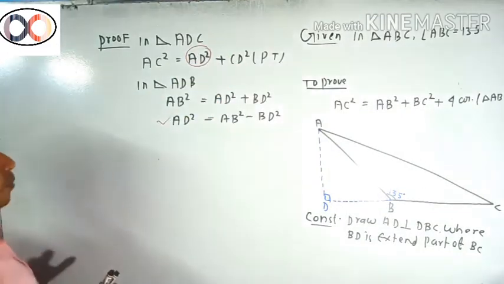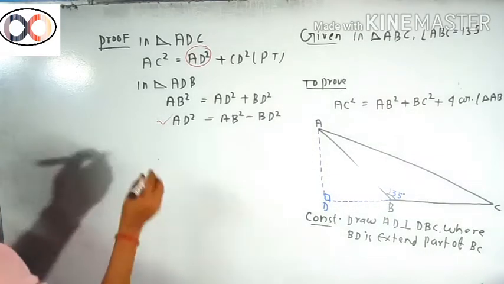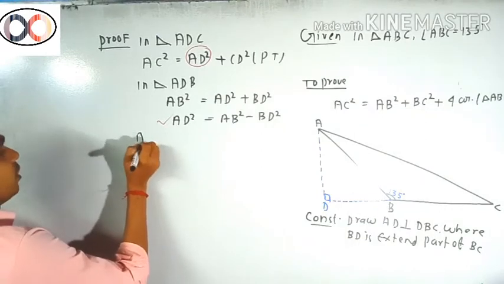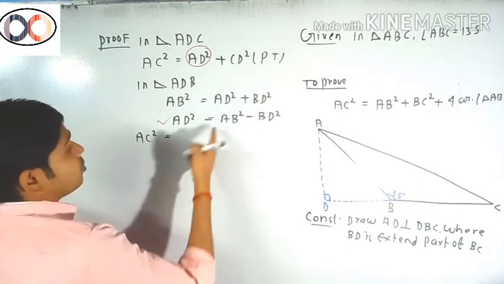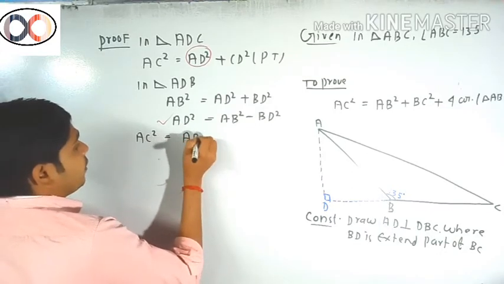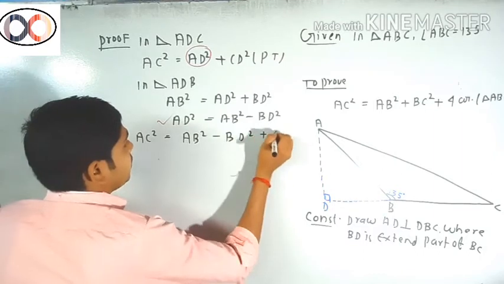So we can process the next step: AC square equals AD square, which is AB square minus BD square, plus CD square.